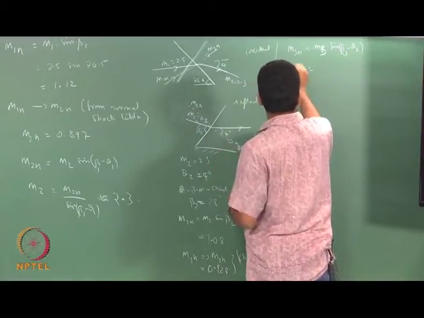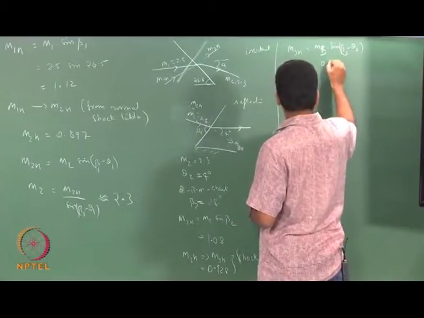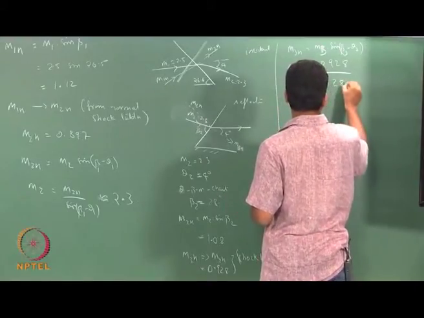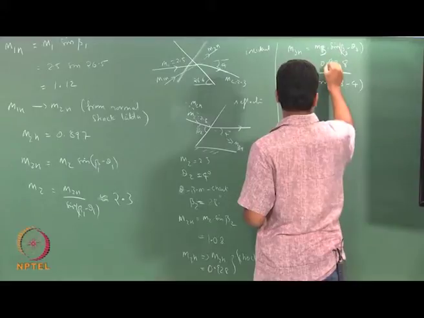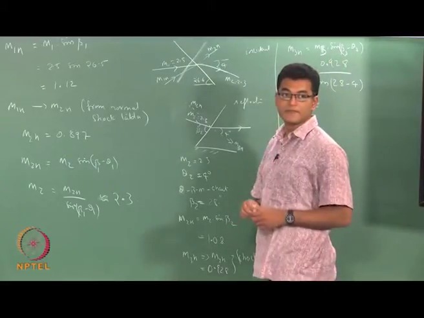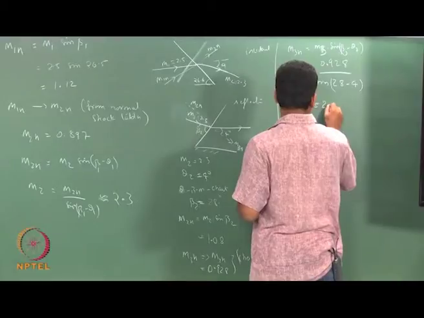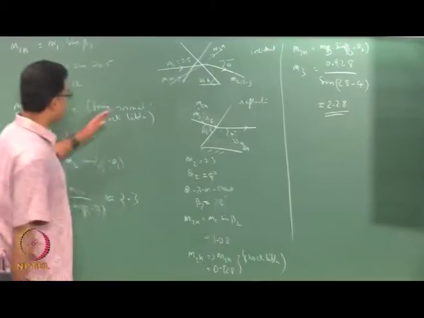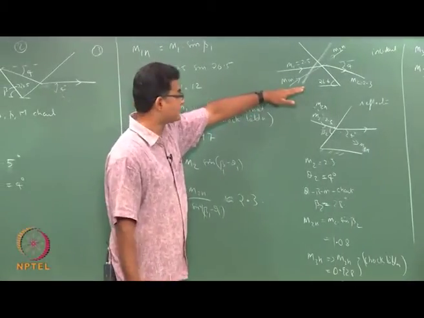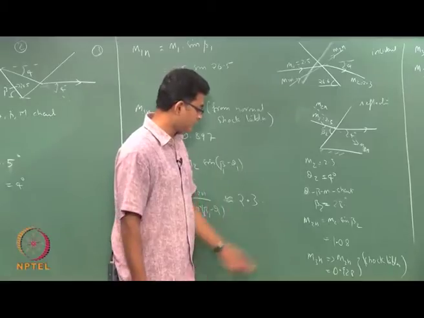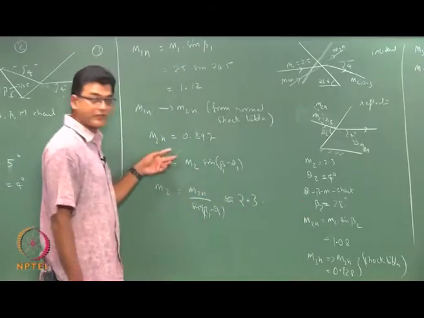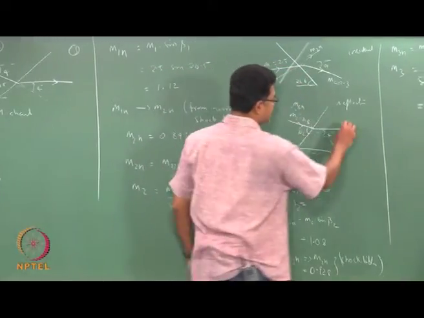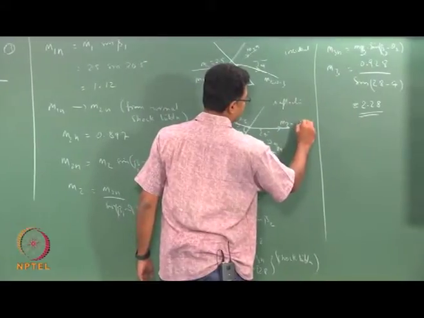So my M3 is 0.928 divided by sin of (28 degrees minus 4 degrees). So this would be 2.28, all taking the weak shock solution. Okay, so this beta and beta 1 are from the weak solution. So I have a reflected angle, and M3 is 2.28.